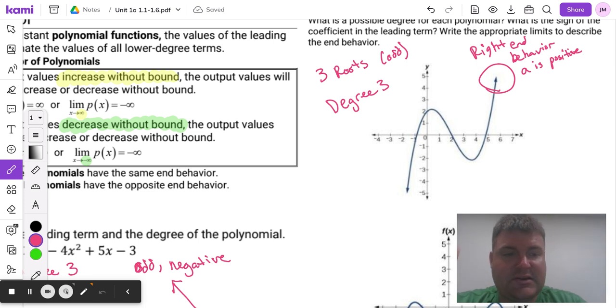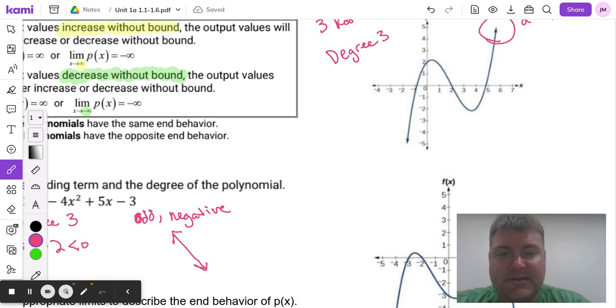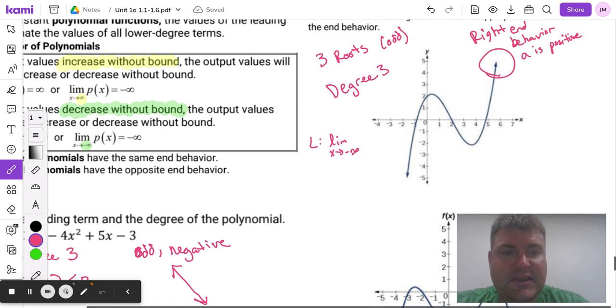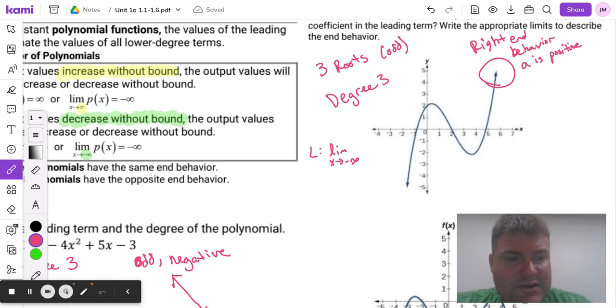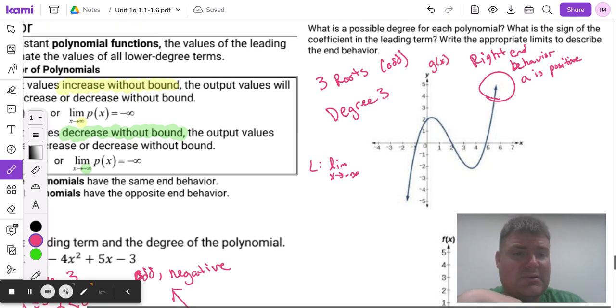So let's look at our limits here. Let's look at our left limit. I'll put an L for left. The limit as x goes to negative infinity of, did this label the function for us? It did not. Let's call this g of x, because the one below it is f of x. I'm sorry that it's not labeled.